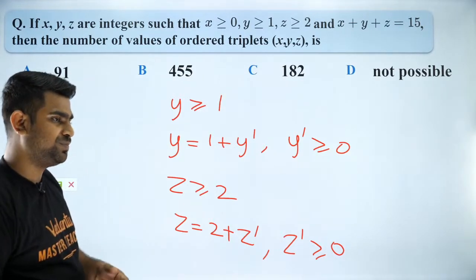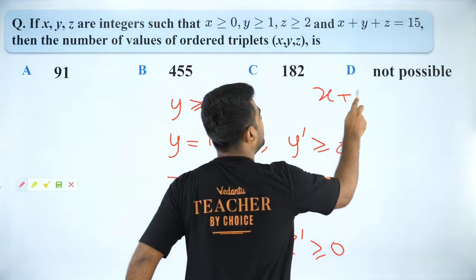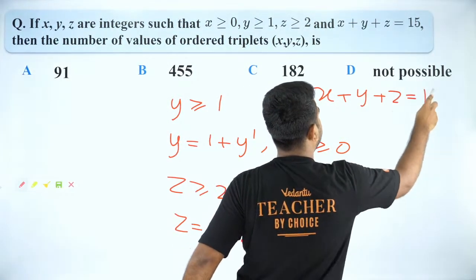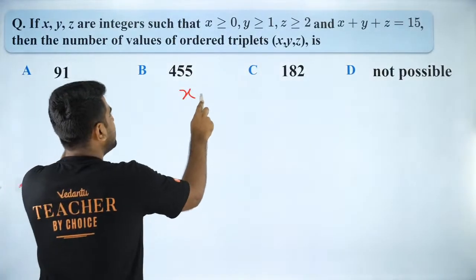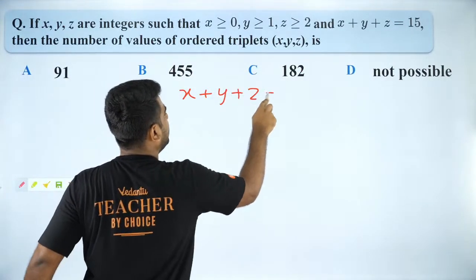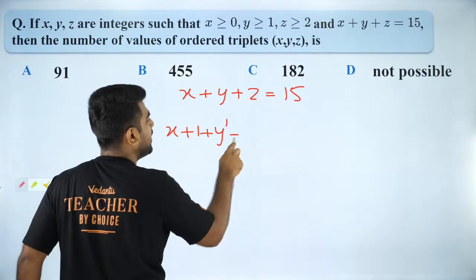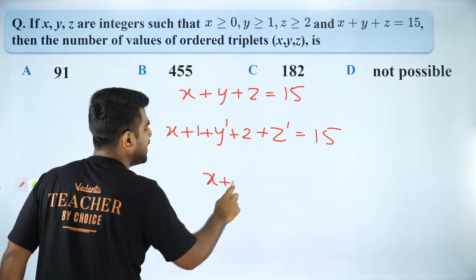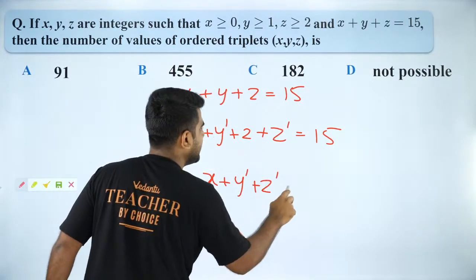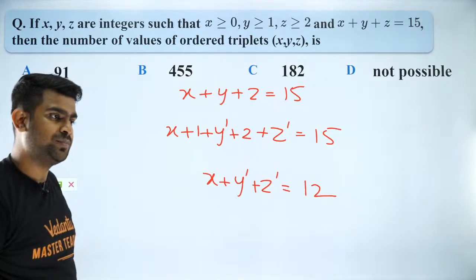Now we know that x plus y plus z is equal to 15. So because x plus y plus z is equal to 15, can I say it is x plus 1 plus y dash plus 2 plus z dash is equal to 15? So can I say x plus y dash plus z dash is equal to 12? Is that correct?